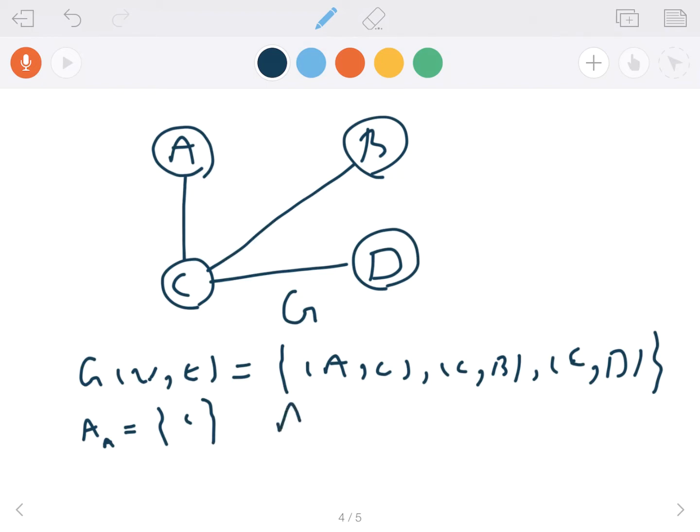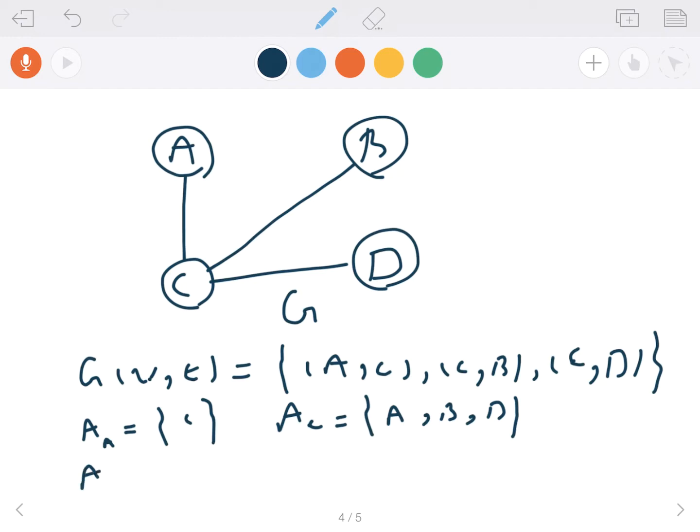And the adjacency list for C will be A, B, and also D, because C is connected to A, B, and D.